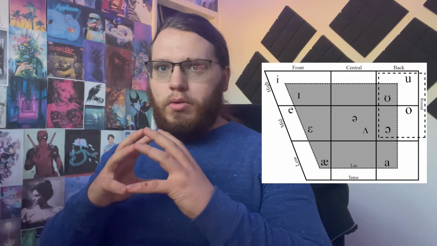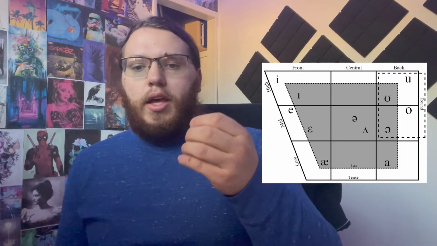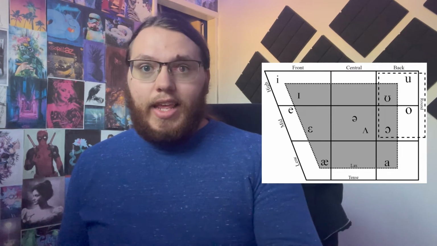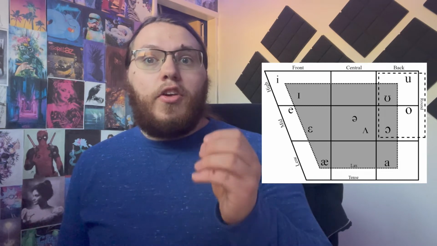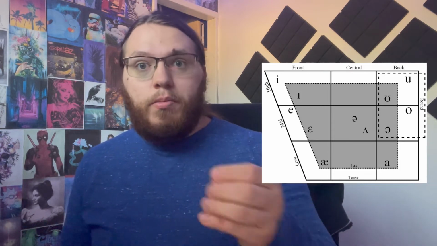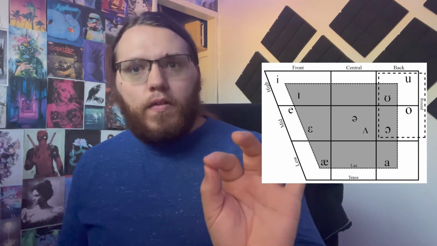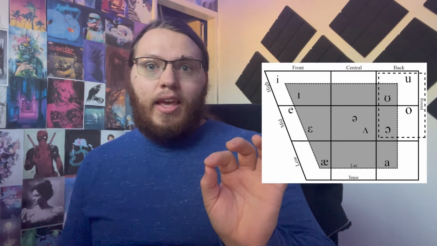The more central one we describe as lax, the more peripheral one we describe as tense. What do I mean by that? For example, the high front unrounded vowel. Is it E or is it I? E, I, E, I. They're both high, they're both front, they're both unrounded. One is just a little more high and more front than the other one. That's the tense one. E, I.